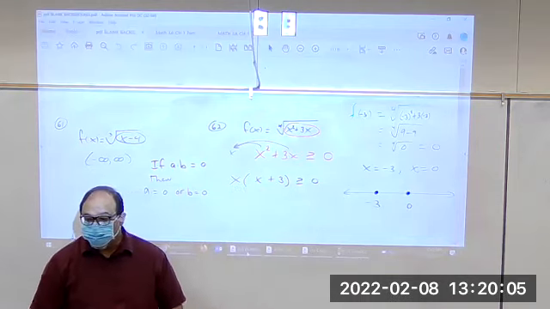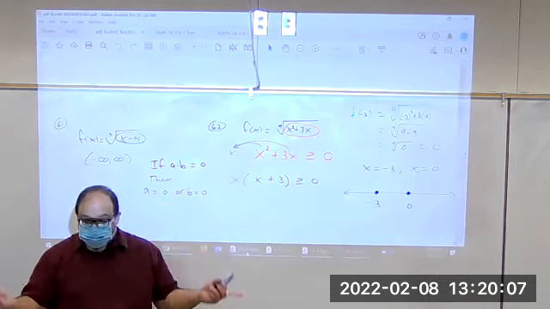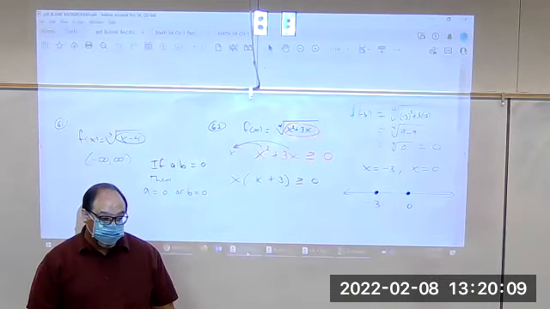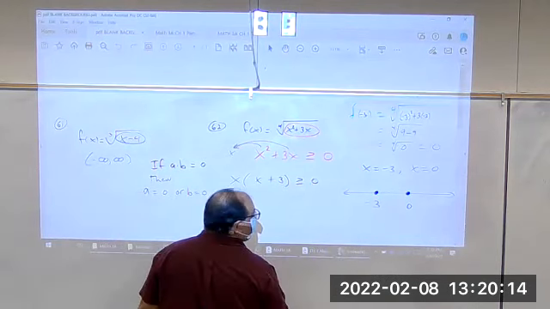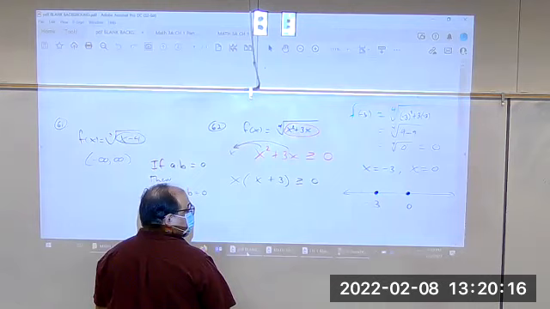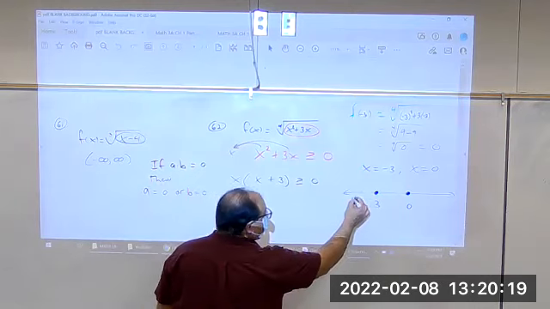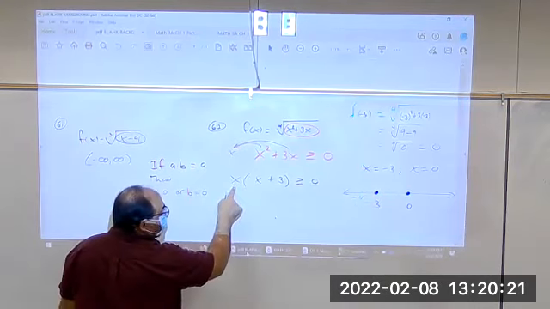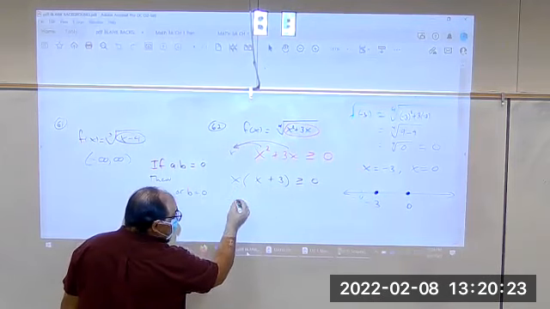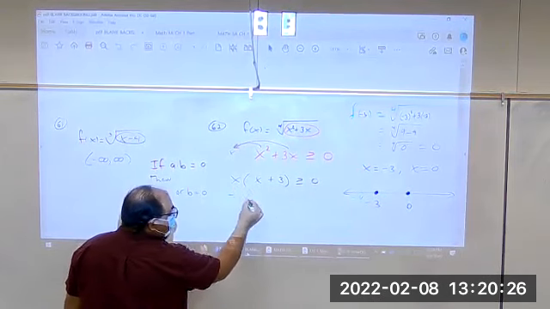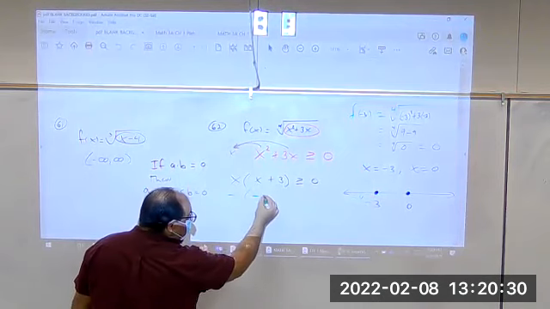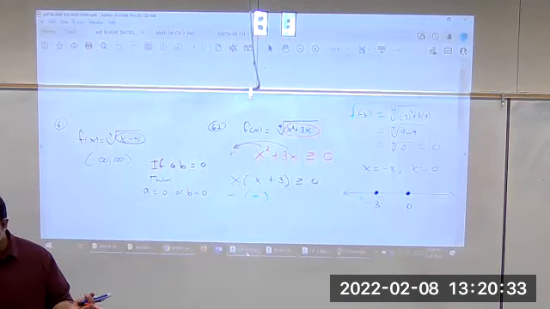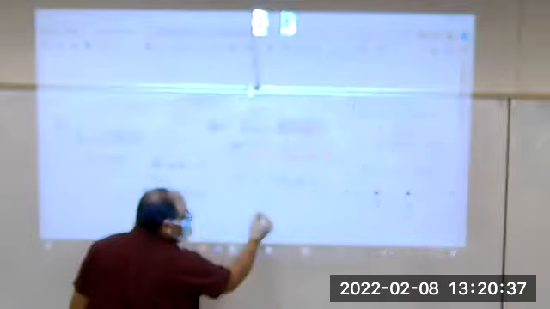So here's what you do. Pick a number and test. It's called a number line test. Give me a number to the left of -3, something less than -3. Good, -4. If I use -4, that's a negative. Inside, -4 times -4 plus 3, that would be a negative. I don't care what the answer is, but you have a negative times a negative, and that would give you a positive.